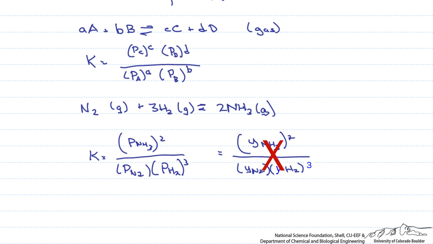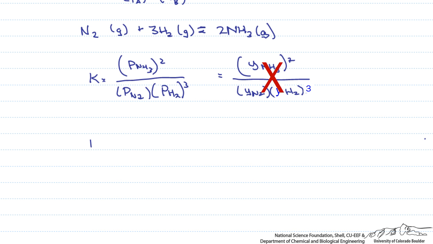However, this is incorrect. So let's write out our partial pressures in terms of our y's. I'm just going to use y sub i for each one of these mole fractions. So this is squared. This is not squared because it's just N2. And this one is cubed.